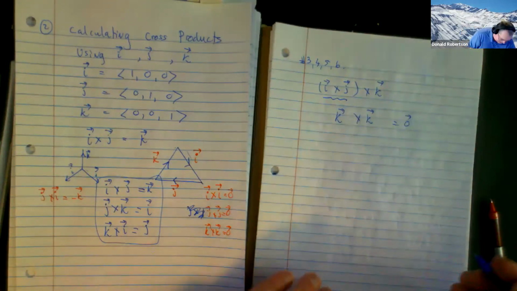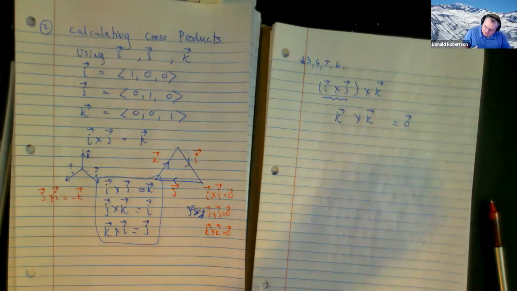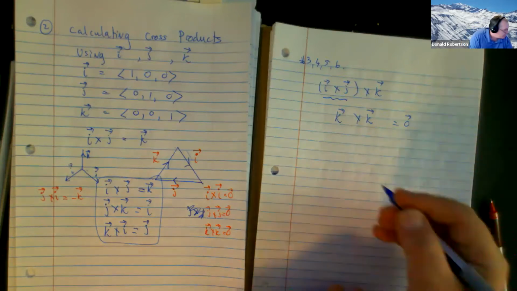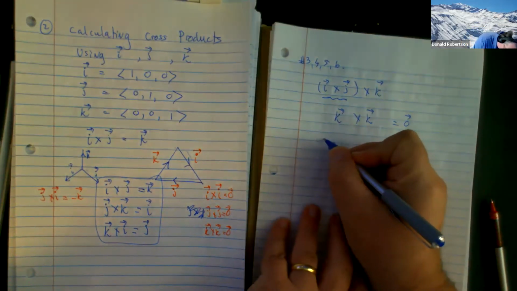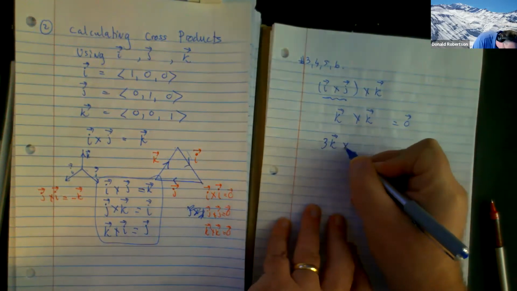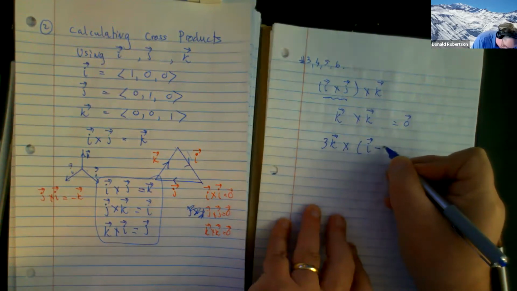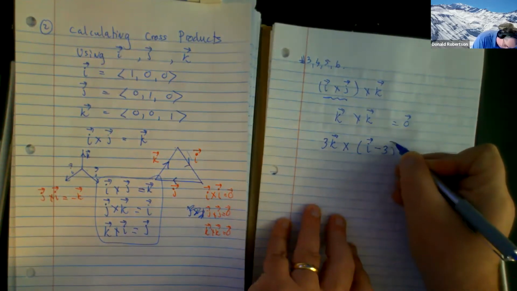Now, if you stick in numbers, you can do essentially the distributive law in vectors, a kind of pseudo distributive law with a cross product. You can also do a pseudo version of FOIL using this. So if I, for instance, told you 3k cross product, I take away 3j.